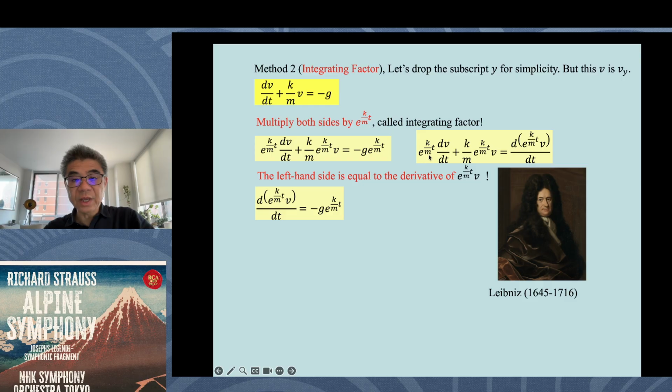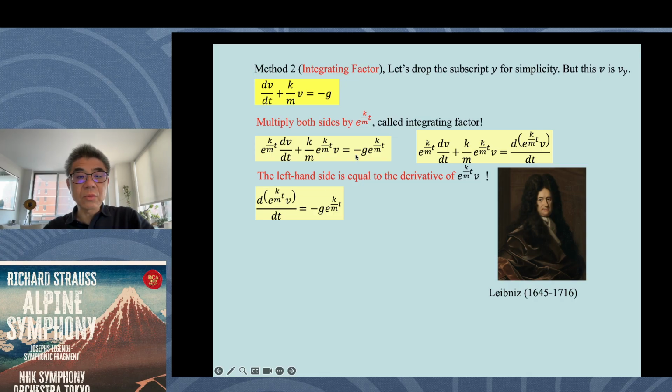So exponential k over m times t will stay here. Therefore, it's easy to see that this term is here, this term is here. Add them together gives you a total derivative of exponential k over m times t times v.